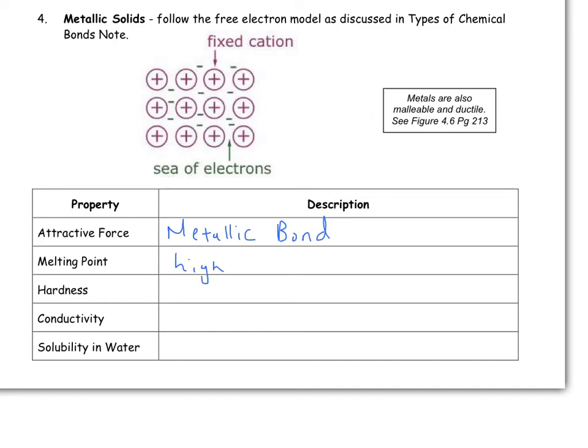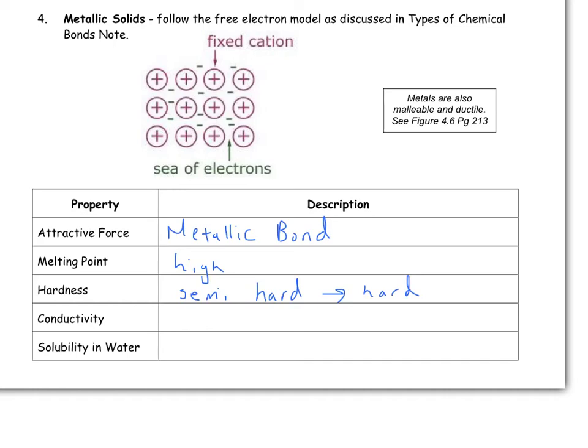Now, metallic bonds, because they range in strength, you get solid metals that are semi-hard to hard. It could be hard like iron, so a solid bar of iron is, or it could be semi-hard like sodium. Solid sodium is soft enough that you can actually cut it with a plastic picnic knife.